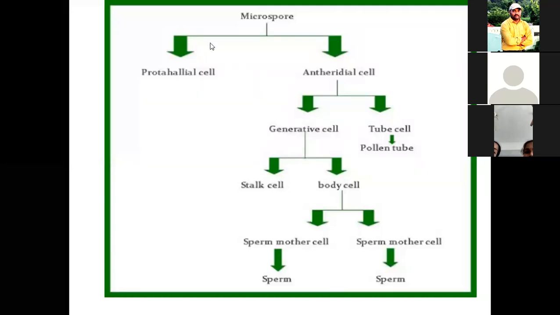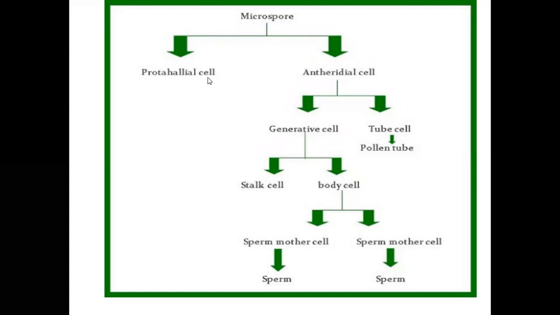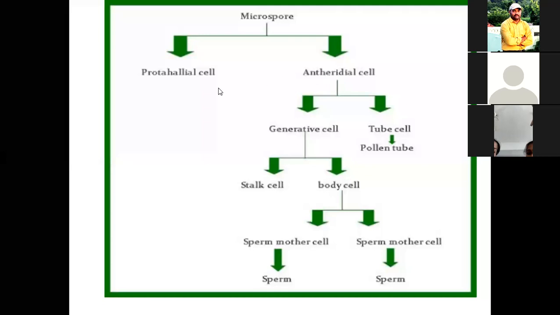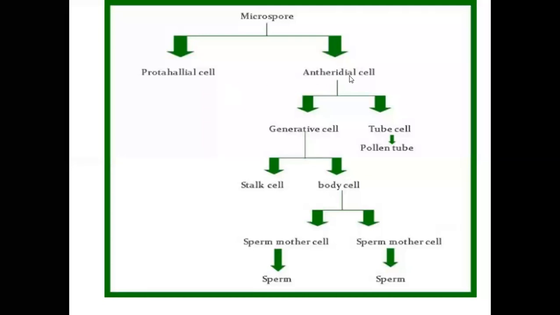First, the haploid nucleus participates in mitotic division to form prothalial cell 1, which cannot participate in further divisions. The second cell is the antheridial cell. The antheridial cell again divides to form prothalial cell 2 and another antheridial cell.